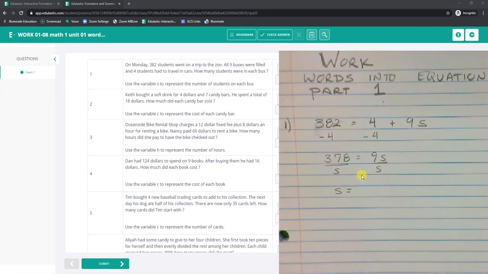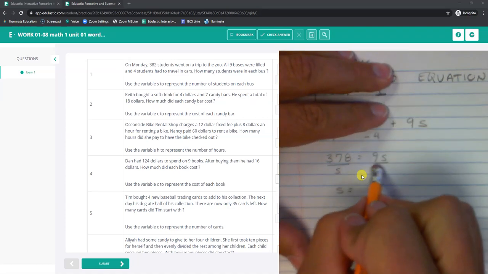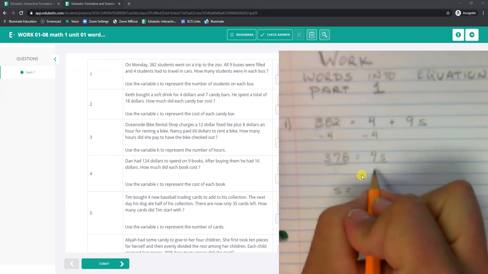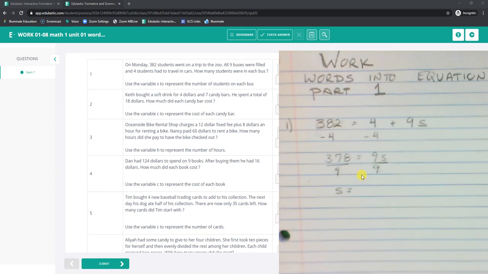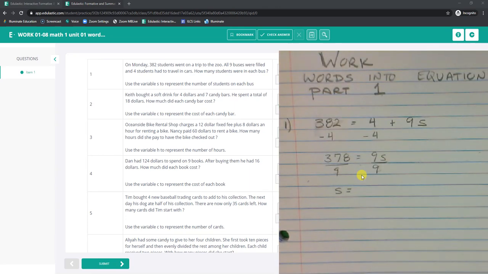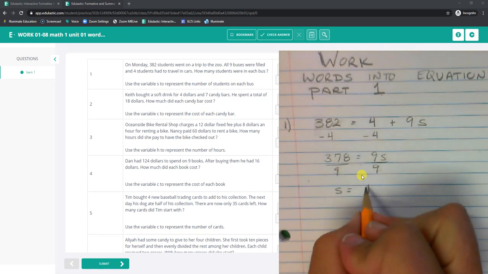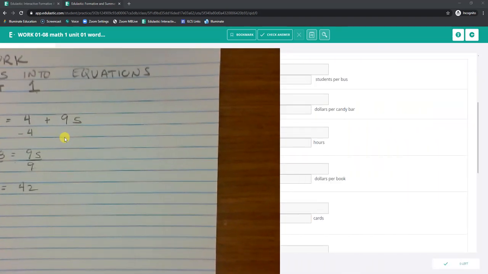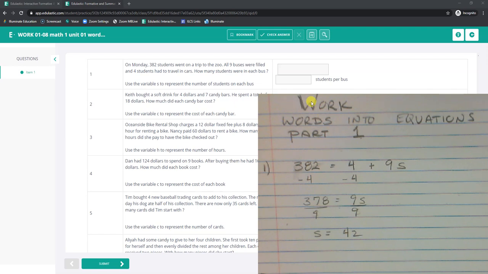And I'm going to use a calculator. So 378 divided by, how about divided by 9? 42. So there are 42 kids on each bus. We can get this in here.